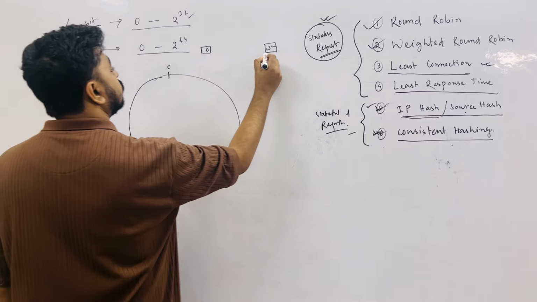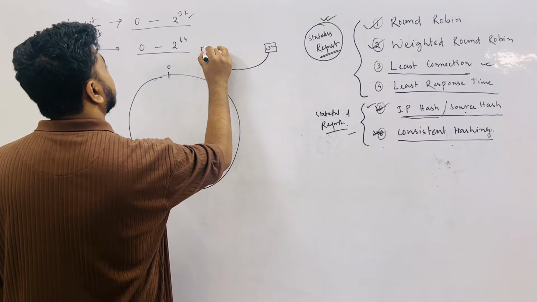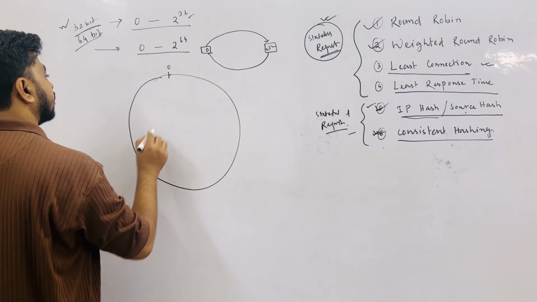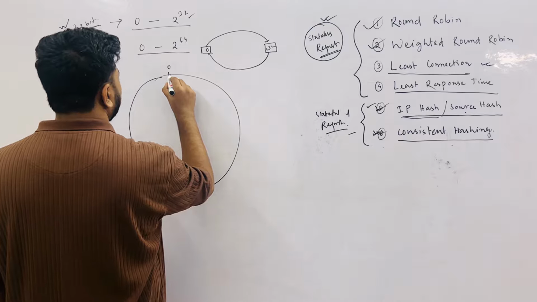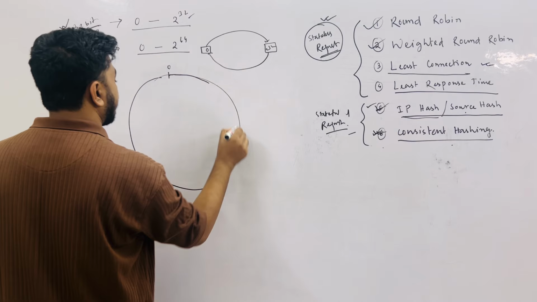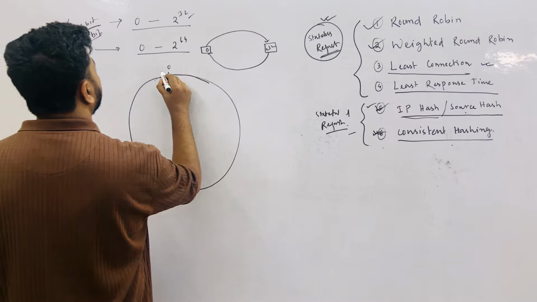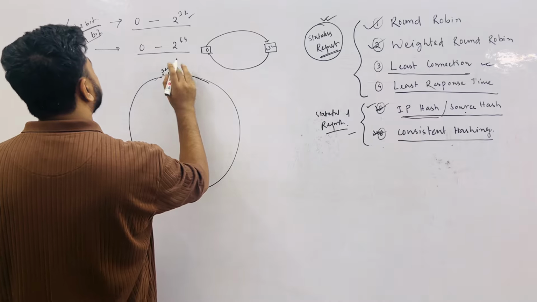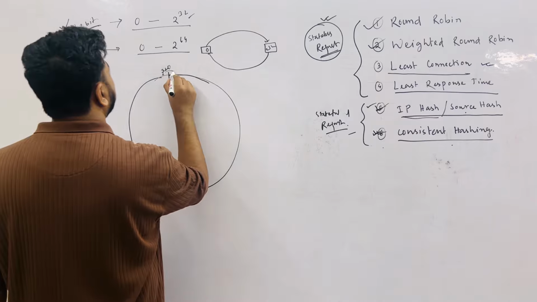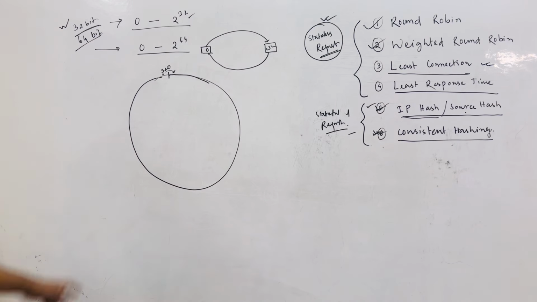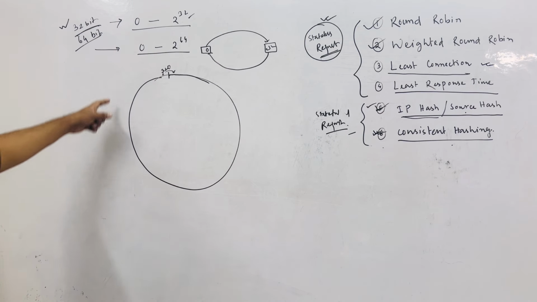Now we join them into a circle. From 0, it starts going up to 2 to the power 32. After 2 to the power 32, it comes again to 0. You got my point? It comes again to 0, right.